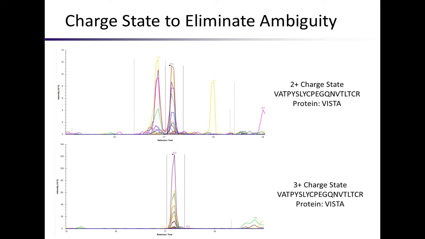But if we look at the 3+ charge state, we can pick the peak that corresponds to the elution of the peptide we expect, because in this 3+ charge state, there's only one peak, and the 2+ and 3+ charge states should be eluting at exactly the same time, because the peptide elutes, and then we make two different charge states out of it.